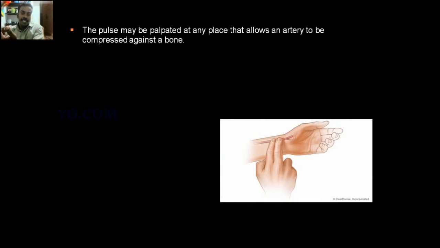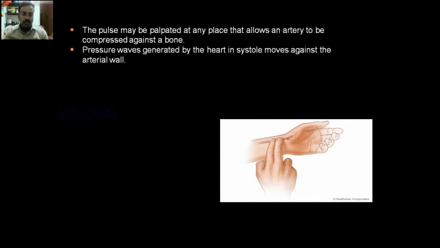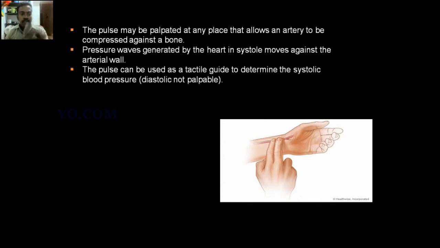There is a blood carrying unit, compressed against the bone. The pressure increases by the blood flow from the heart. In systole, the pulse moves against the artery wall. Now the pressure is increased because you are pressing the artery, so the flow of blood is stopped and the pressure increases.